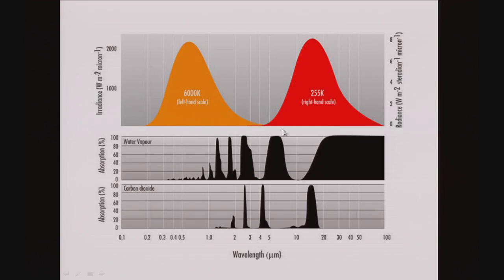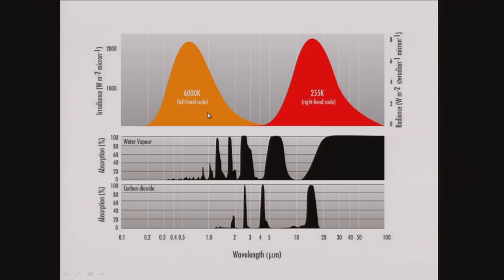Okay, and so if we look at the absorption as a function of wavelength, we can look at the absorption for, say, carbon dioxide, and see that the amount of this energy that's absorbed by the molecule is very little at the shorter wavelengths. So it hardly absorbs at all in the visible range.